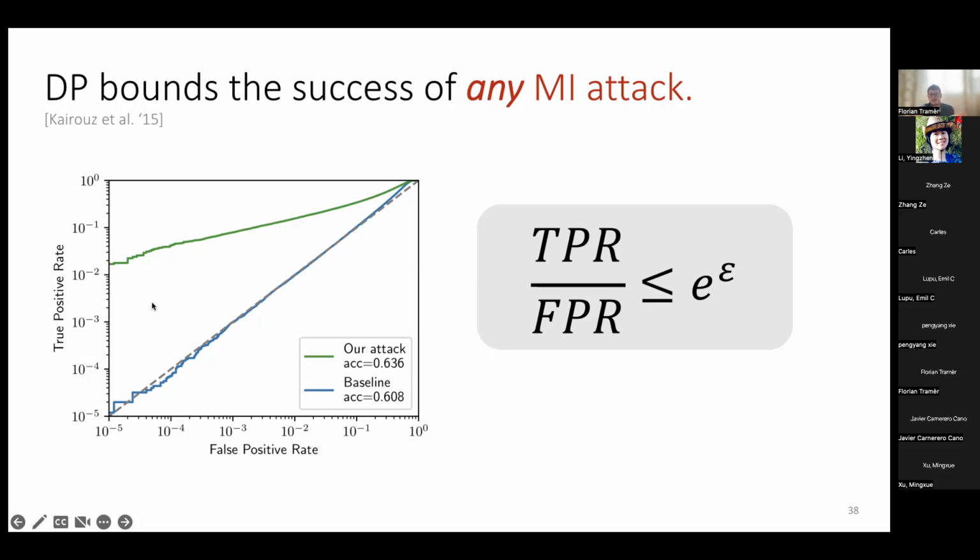And in particular, this means that it's only really at low false positive rates that this ratio can be high. And so what really matters in terms of differential privacy, at least, is how high this ratio can be. And typically this means how high your true positive rate can be at a very low false positive rate. And this is how you get this connection between membership inference attacks and something formal like differential privacy.